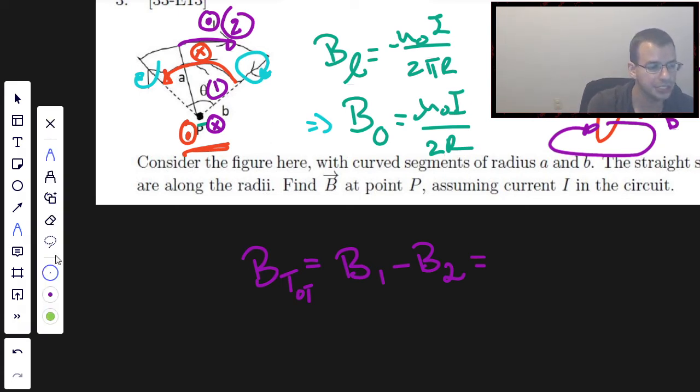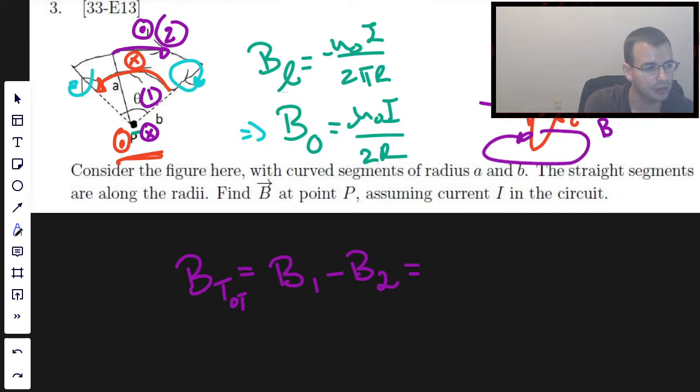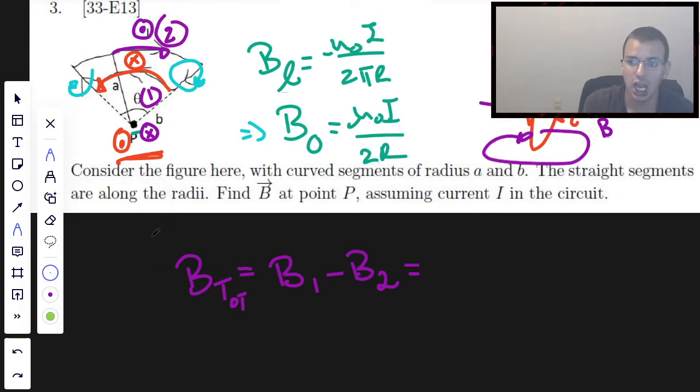The 2 things that really influence the magnetic field of a loop are the current going through the loop and the radius of the loop. Since they both have the same current, that's irrelevant. So the arc that's closer to the point you're considering is going to have the bigger impact, because when you divide by a smaller number, your overall number will be larger.